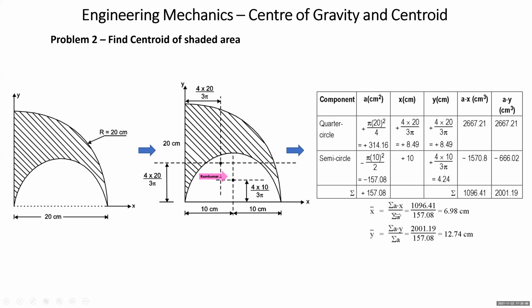X bar will be summation AX upon summation A. Y bar is going to be summation AY upon summation A. Put the value of summation AX upon summation A from the table. You'll get x bar as 6.98 centimeter. Y bar is summation AY, you substitute the value here and summation A over here, and you'll get the value of y bar. So in this problem, we have understood how to deal with the semicircle as well as the quarter circle.